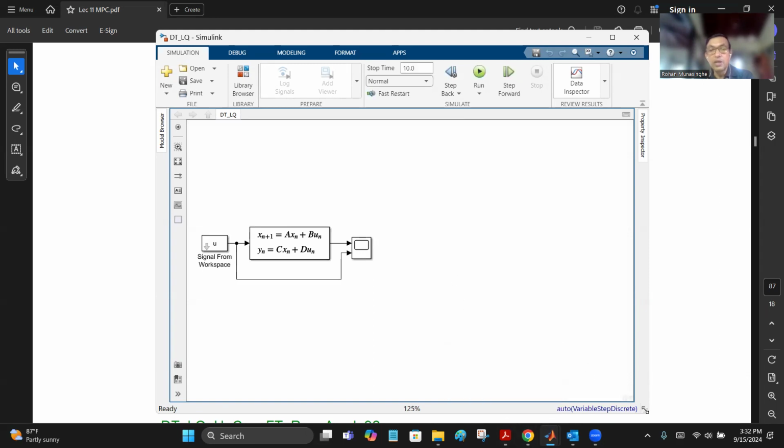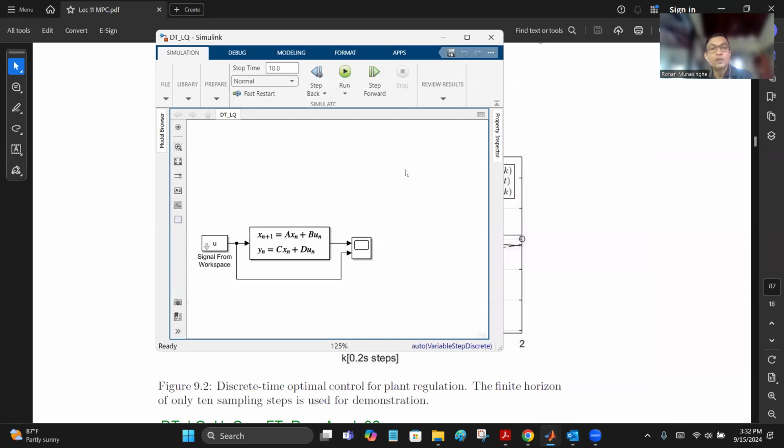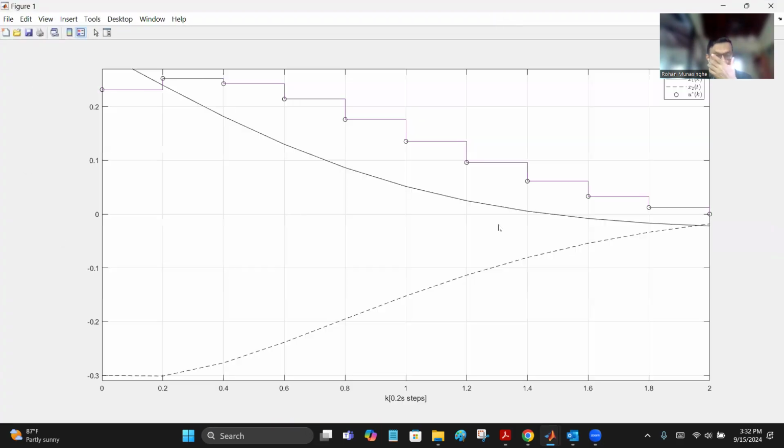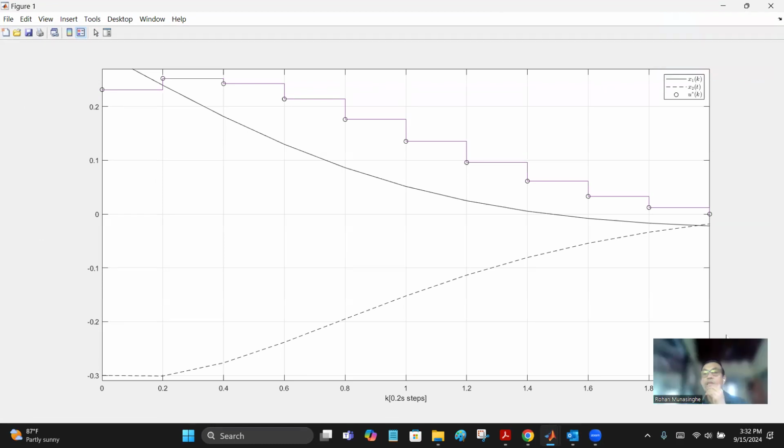Okay, so this is the Simulink model. This is the result, same result. Okay, so the continuous line is x1. It starts with, I think, 0.3, right, somewhere over here, and the dash line is x2. It starts off at 0.3, somewhere over here, and u star is the step signal with the bubbles here.